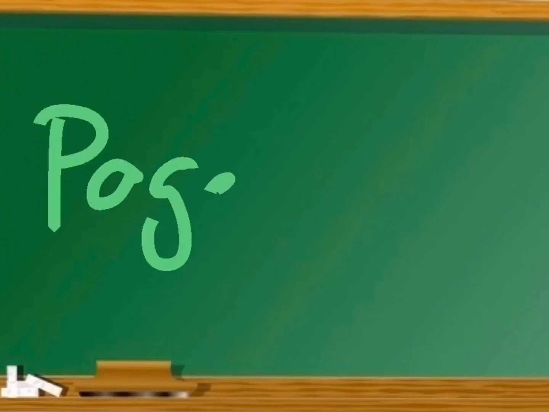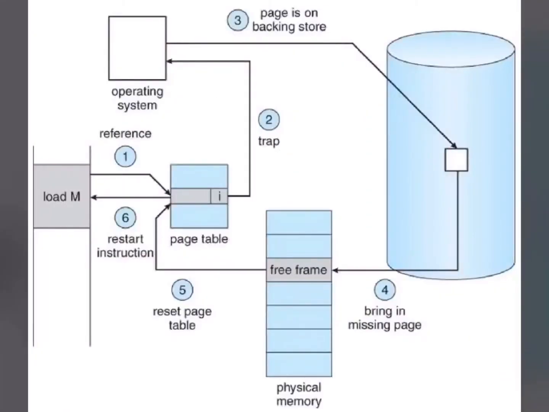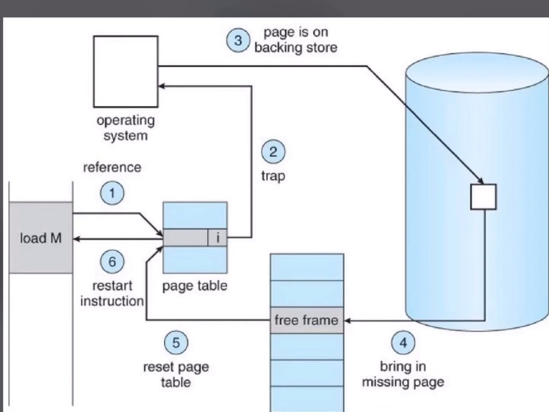Dear students, now we will discuss how to handle this page fault mechanism using a schematic representation, or we can say the steps in handling a page fault. Using a diagram we will understand. Just have a look at this diagram. Let us suppose there is one instruction, called loadm.